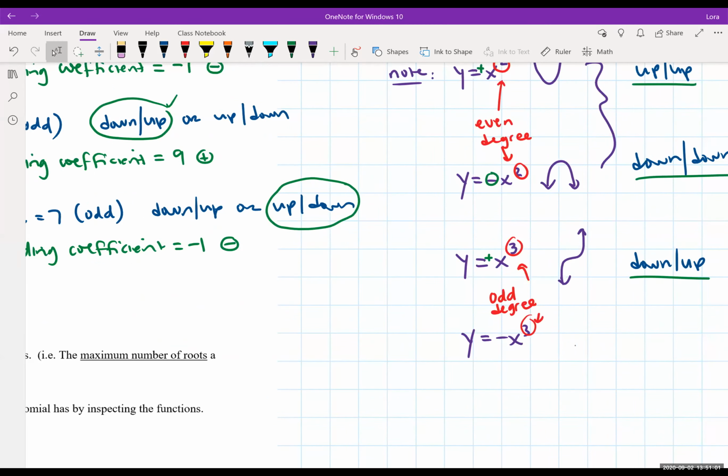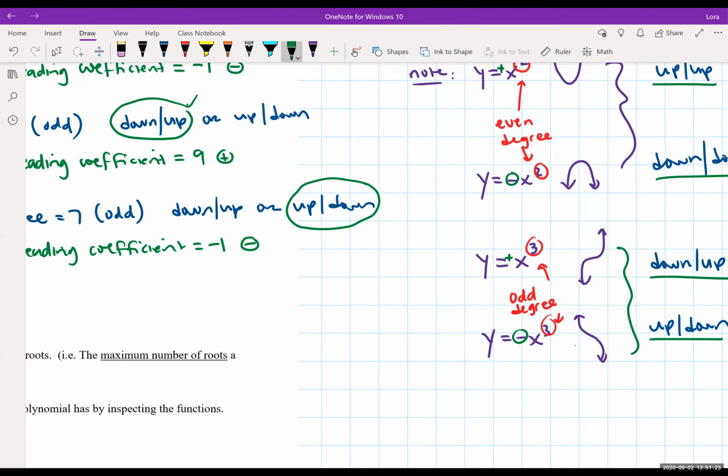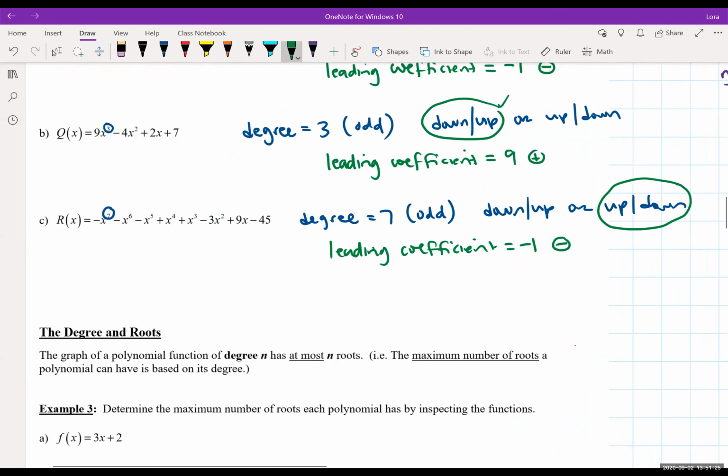And similarly, if you were to look at the graph of y equals negative x cubed, you see it has almost the same behavior, but it actually starts off as up, then down. And then you notice, oh yeah, it does have a negative leading coefficient, so that's going to help us out with the pattern.